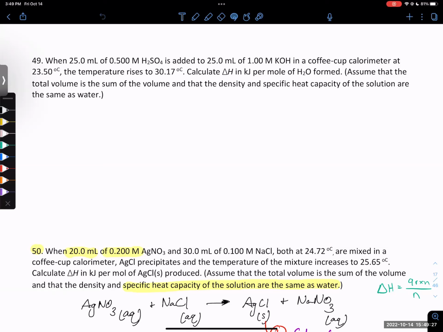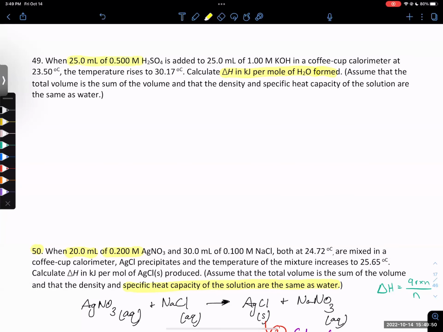Calculate delta H in kilojoules per mole of water, so that's important. Mole of water formed. And then you can assume that the total volume is the sum of each smaller volume, and the density and specific heat capacity of the solution are the same as water.